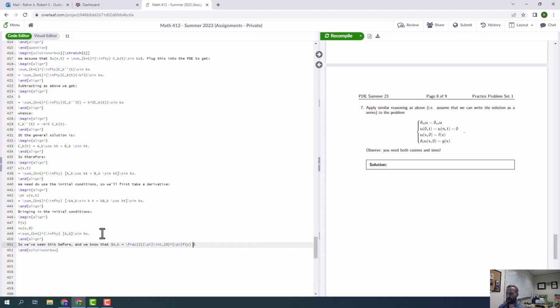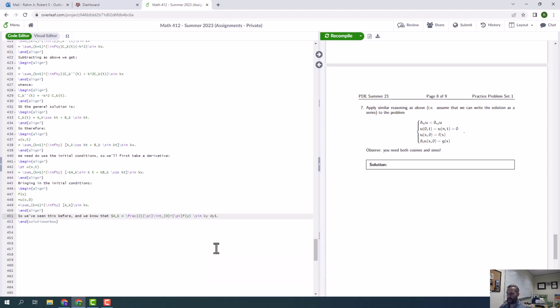I'm going to use the y variable because I don't ever want this to be confused with the x variable that's right here. I should have done it in class with f of y, just so there's a dummy variable here and we don't confuse it with the x in the solution. So f of y sine ky dy. Okay, so that's what a_k is.